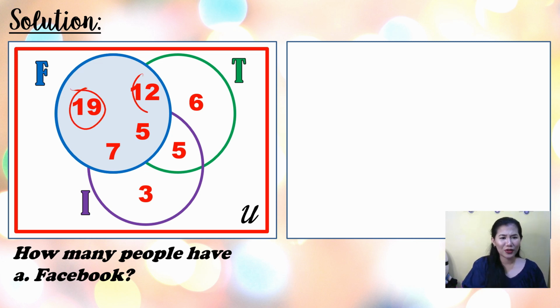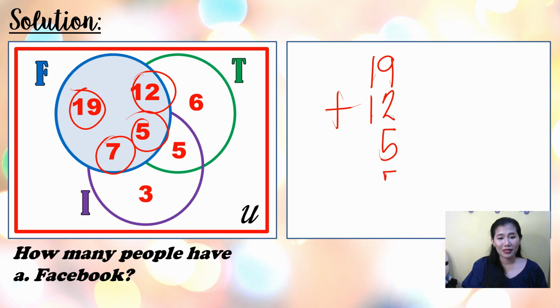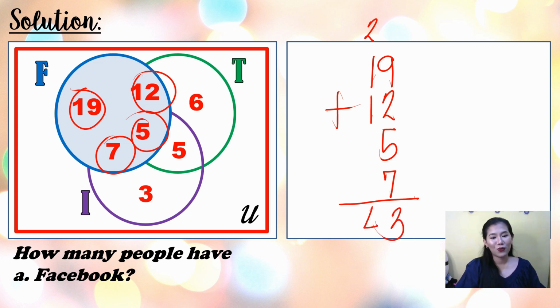We're just going to add them. So 19 plus 12 plus 5 plus 7. Whatever our answer is, that is the answer. 9 plus 2 is 11, plus 5 is 16, plus 7 is 23. 2 plus 1 plus 1 is of course 4. So therefore, our answer is 43.